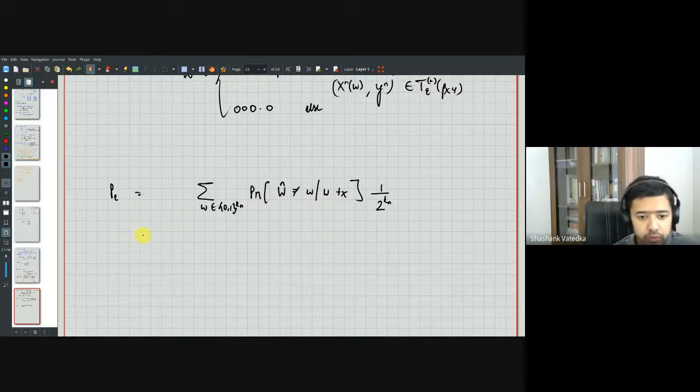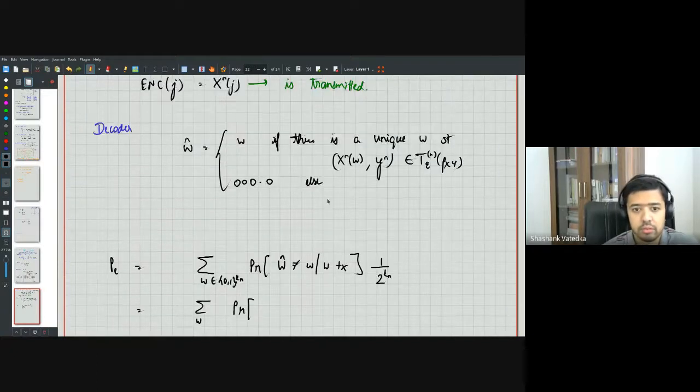Or more formally, this is equal to the summation over all w of the probability that... So I'll define an error event for a particular message w. Let us say that w was actually transmitted.